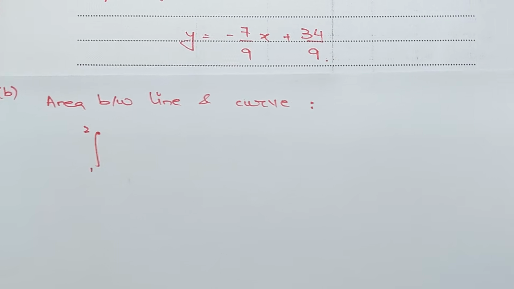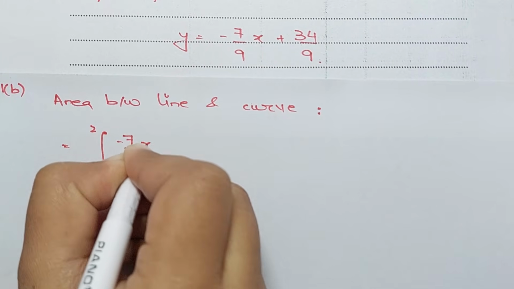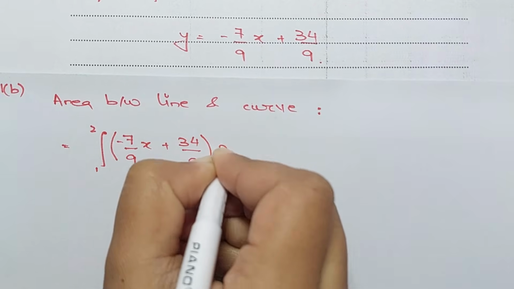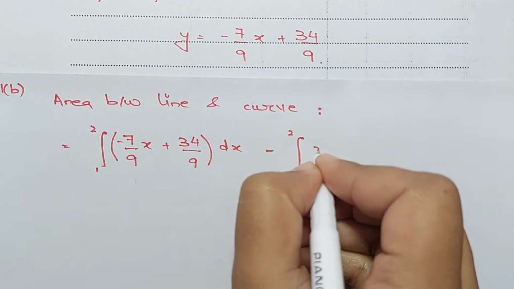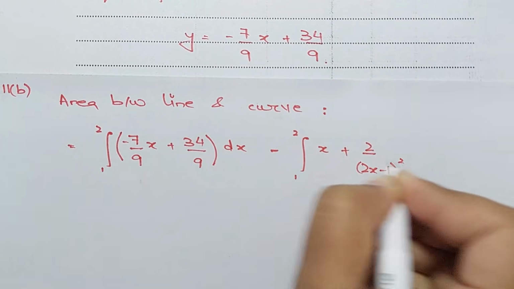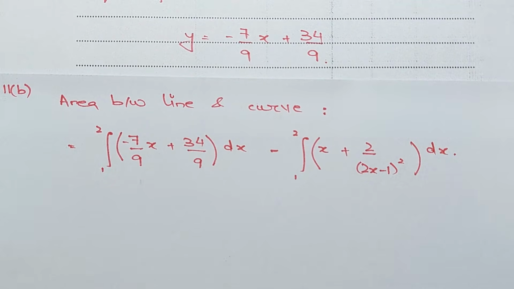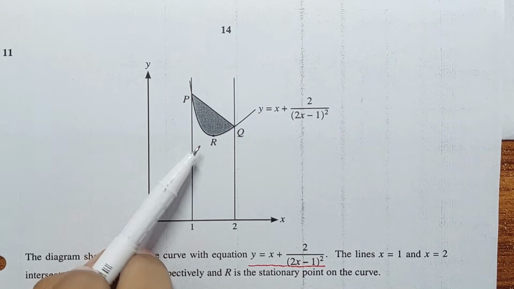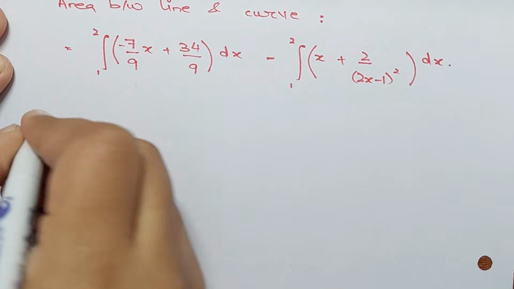If I can write it down: minus 7 over 9x plus 34 over 9 with respect to x, minus integration from 1 to 2 of the curve, x plus 2 over (2x minus 1) whole square dx, because the line is at the top and the curve is at the bottom. And when the curve is at the top and the line is at the bottom, then we do curve minus line. Now let's do the integration.